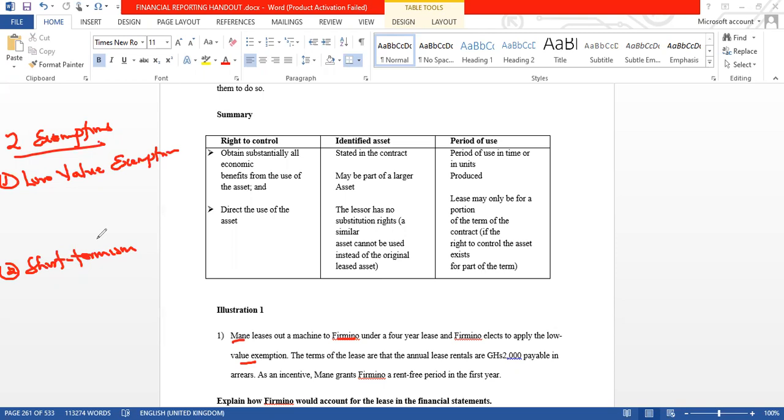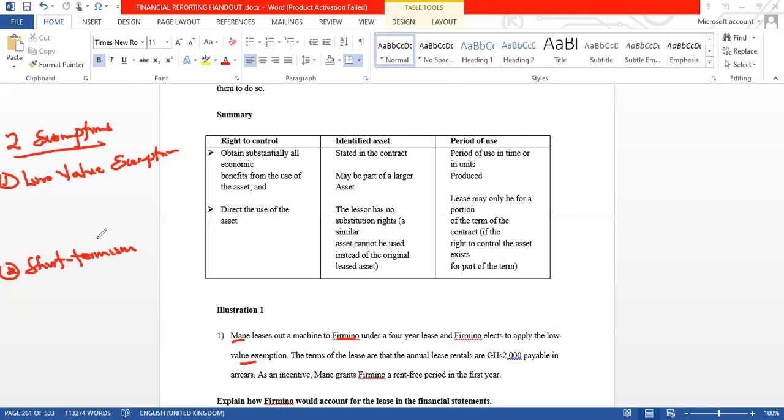Every country has its own basis. I think in the US they have something like $5,000 as a guide, but every country has its own. So depending on the value of the thing, you can elect to treat it under the low value exemption, and therefore not treat it as a lease.